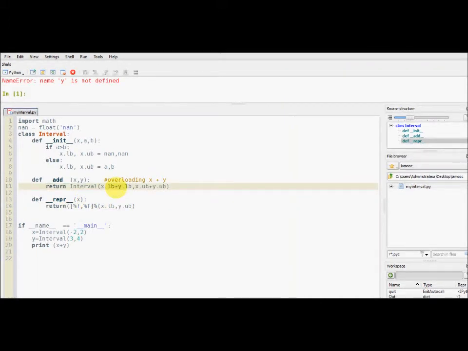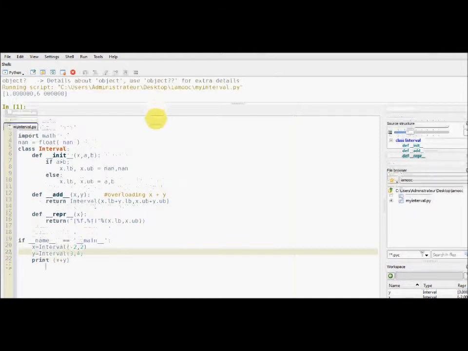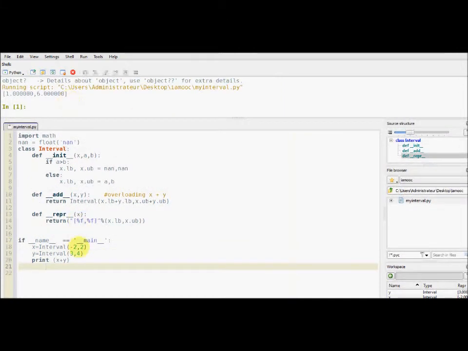So of course here it should be a string. I have to close the parentheses, and I obtain 1 and 6, which corresponds to the sum of the two of them.